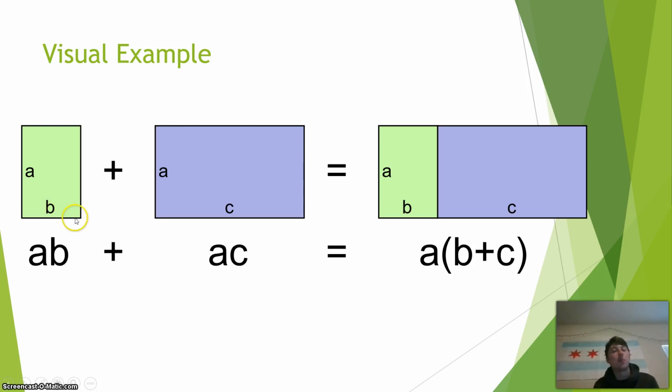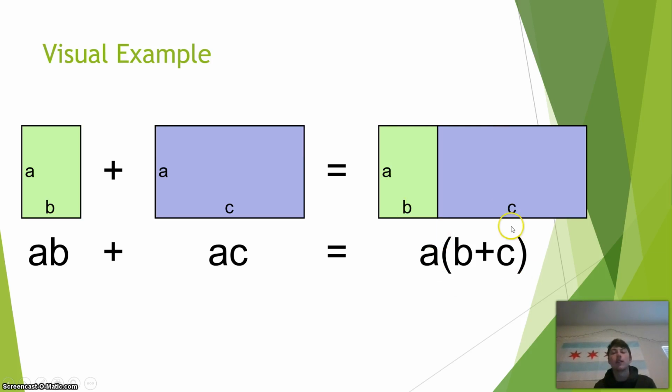That could be different from A, could be the same. So we know that by area, A times B is the area of this. And when we add that with this shape, A times C, we see that the area of the base is different, but the length of the side is the same. So we add them together, we get the area of the whole block of A times (B plus C).